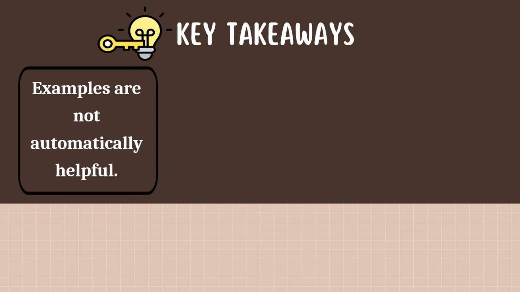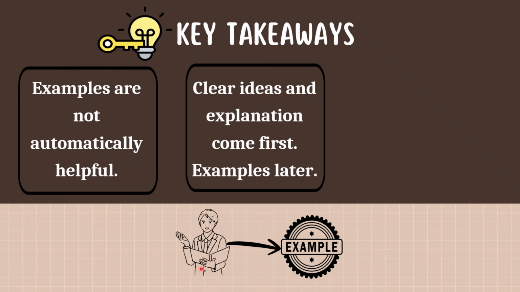To summarize, examples are not automatically helpful in IELTS Writing Task 2. When examples are irrelevant, over-detailed, obvious, or poorly placed, they can weaken your paragraph instead of strengthening it. A strong paragraph begins with a clear idea, followed by explanation.